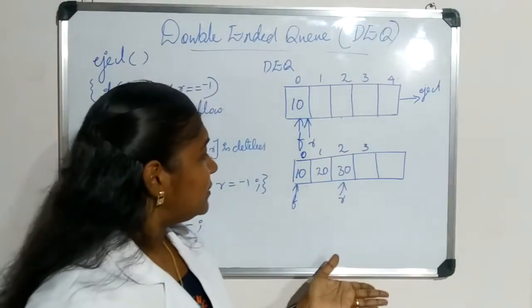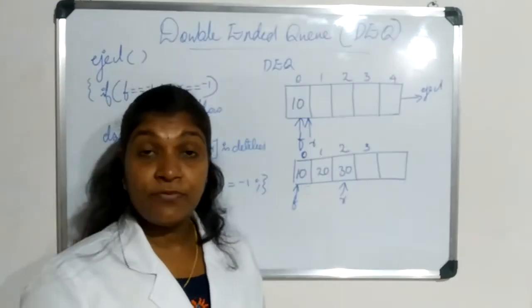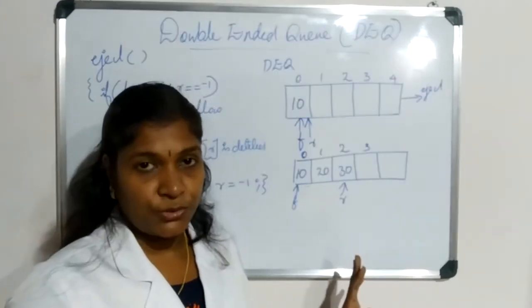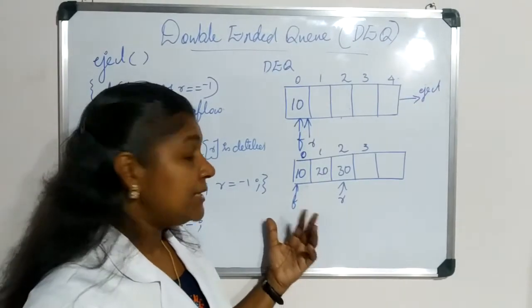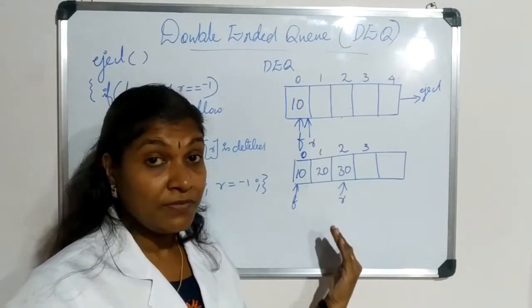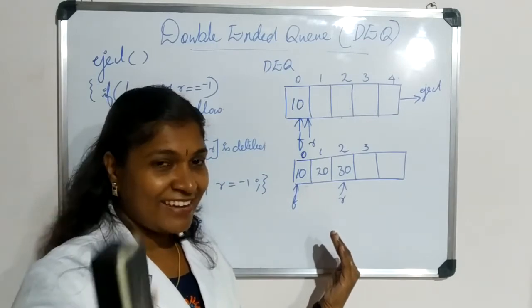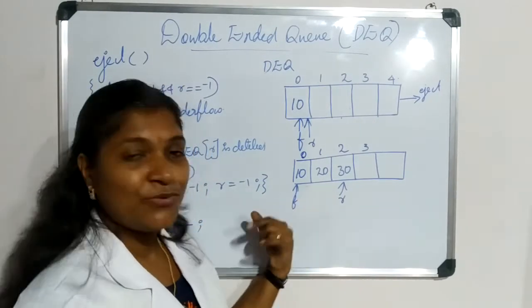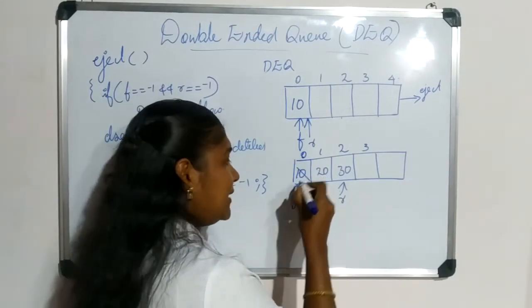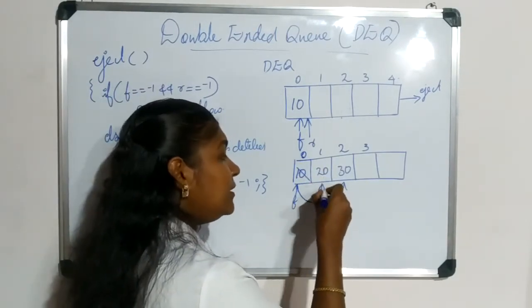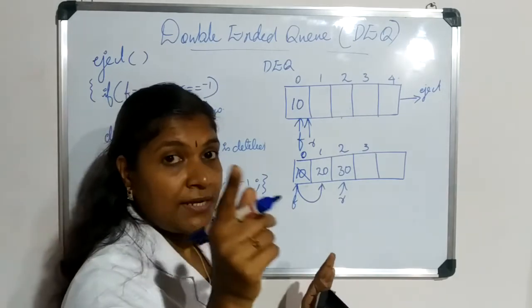Suppose I am deleting, or performing the DQ operation, in this queue. How would we perform the DQ operation? Deletion through which end? Front end. Don't get confused. Deletion through the front end is our DQ. In order to delete element 10, you simply increment the value of front. You see that difference.